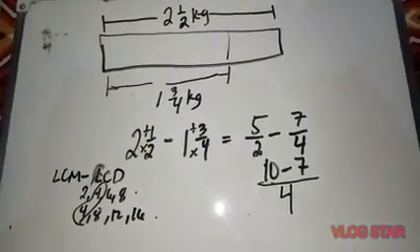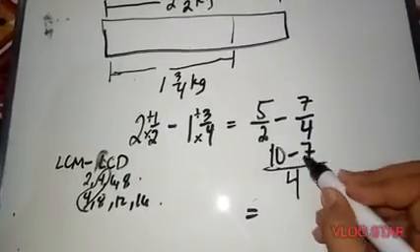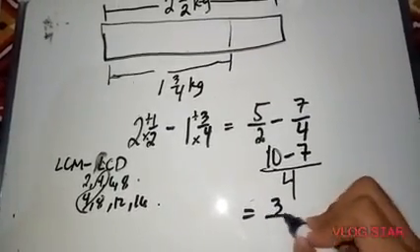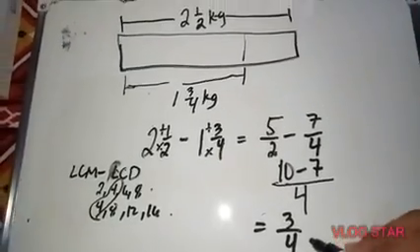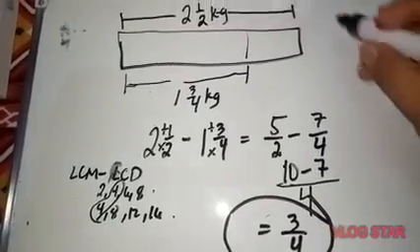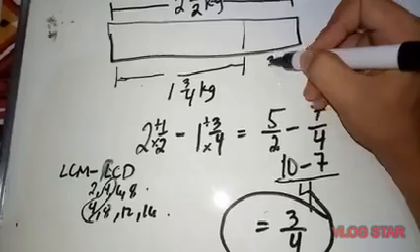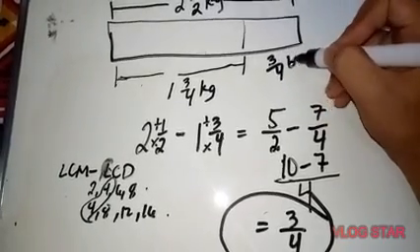Now we can subtract our answer. 10 minus 7 is 3, then copy the denominator, which is 4. So it means that the weight of banana is 3/4.